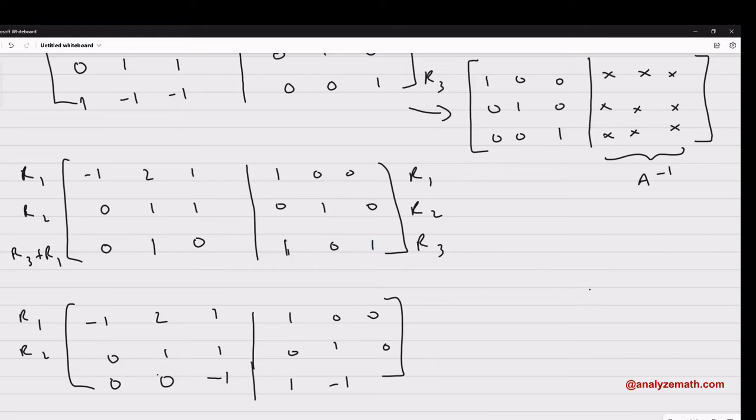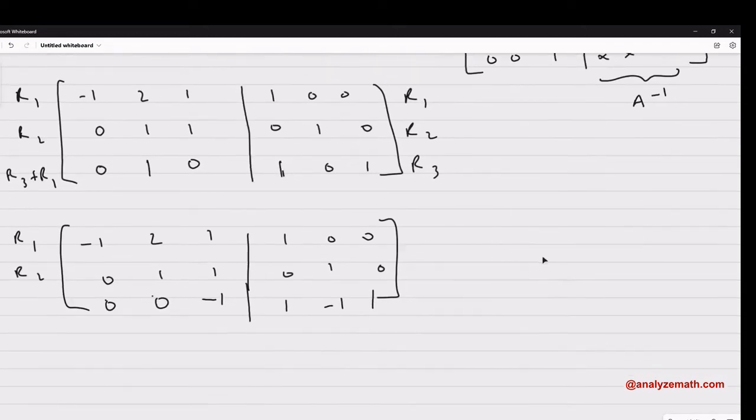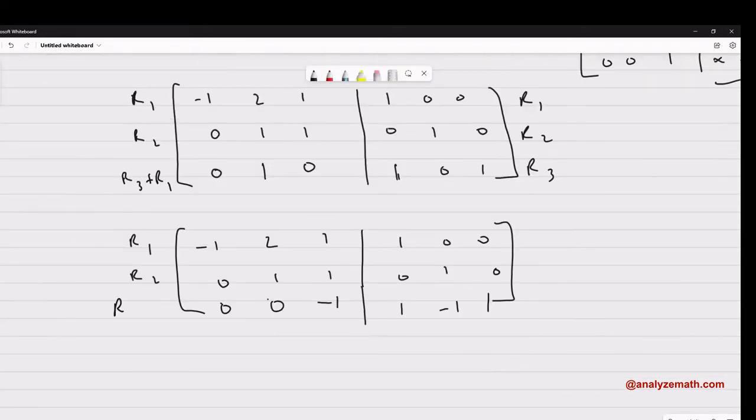That gives me a 1 here. So this is R3 minus R2.